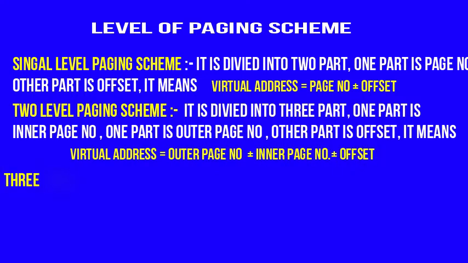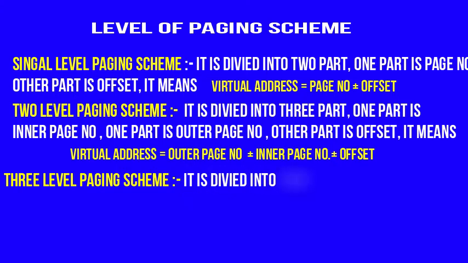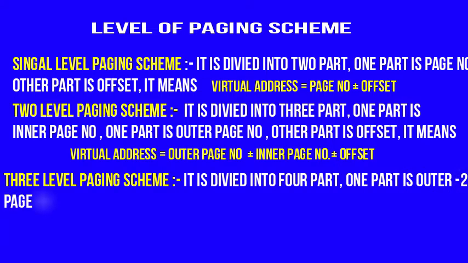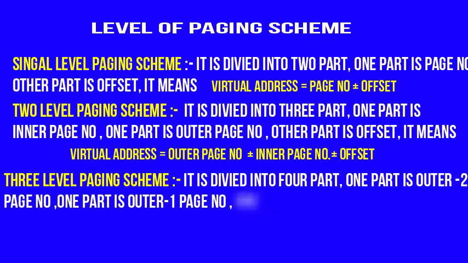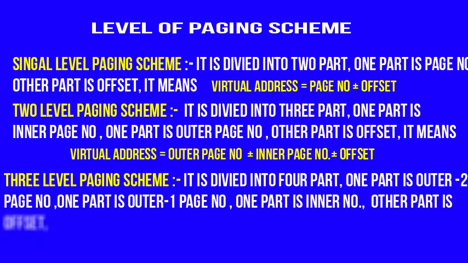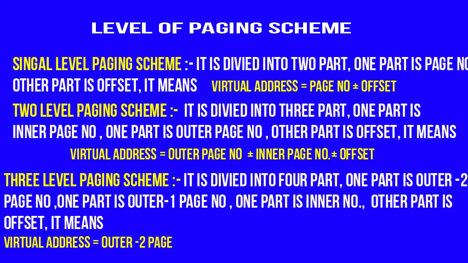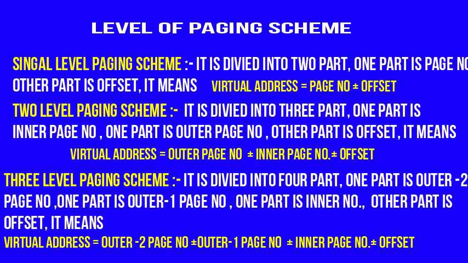Three level paging scheme is divided into four parts. One part is outer two page number, one part is outer one page number, one part is inner page number, and the other part is offset. It means virtual address equals outer two page number plus outer one page number plus inner page number plus offset.